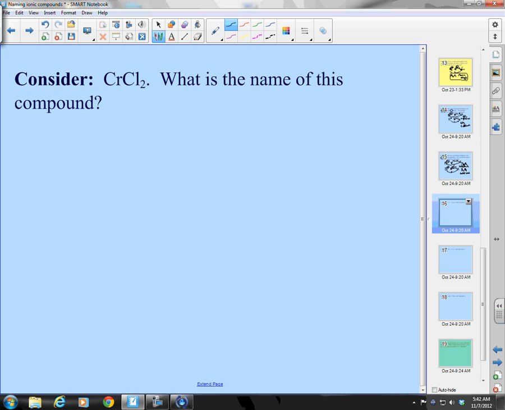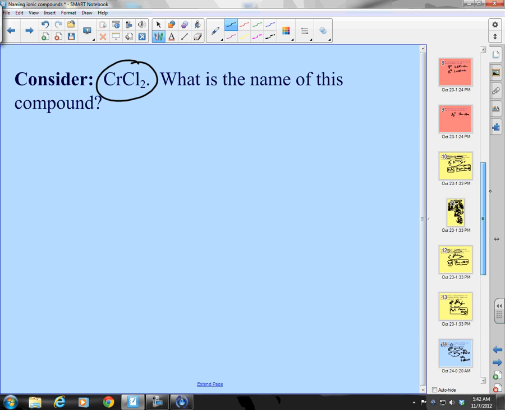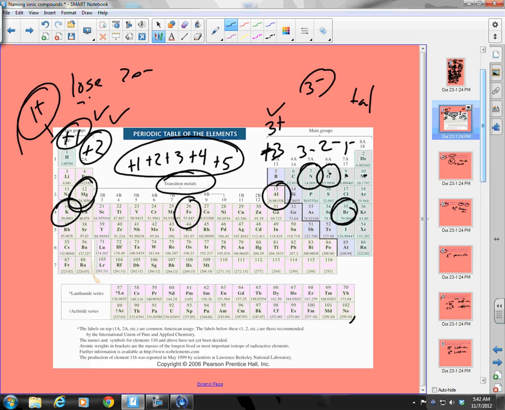Moving on. All right, you name, let's see, how do we name this? Well, we've got CrCl2, and we go to our periodic table, and let's find Cr. Cr is a transition metal. That means it could have multiple cations.